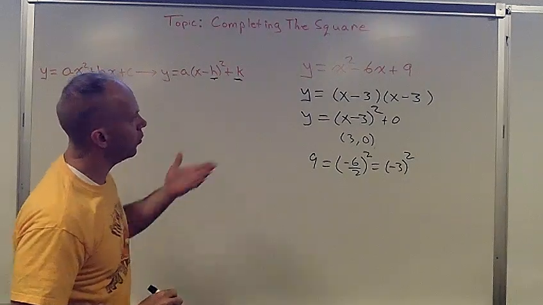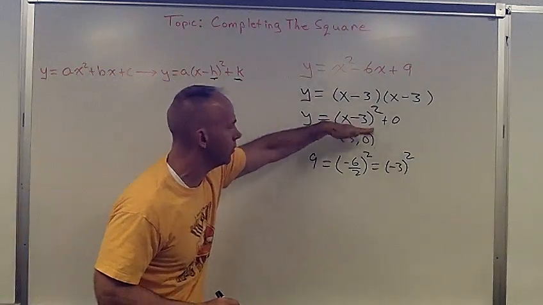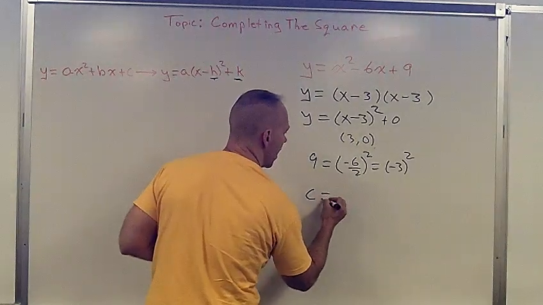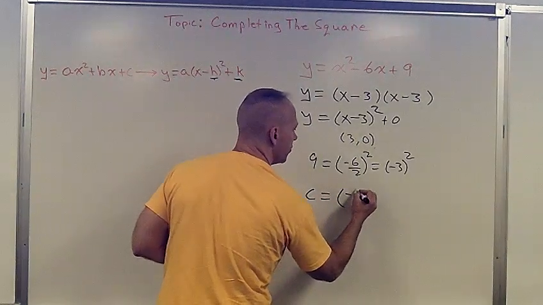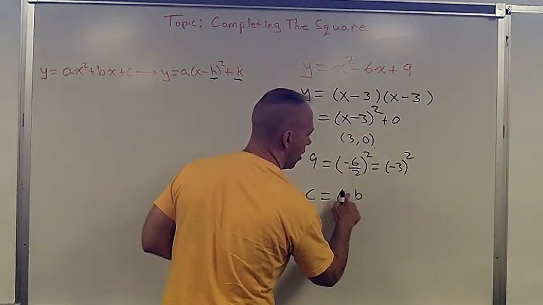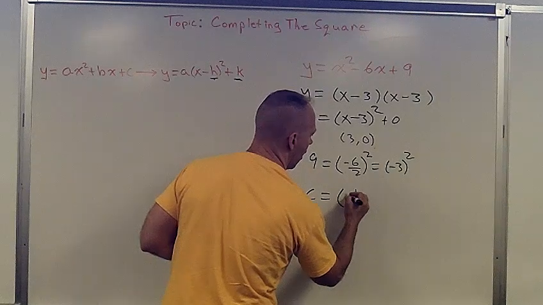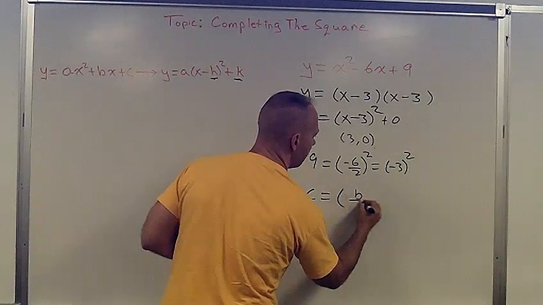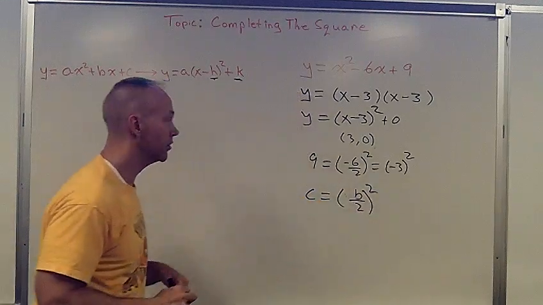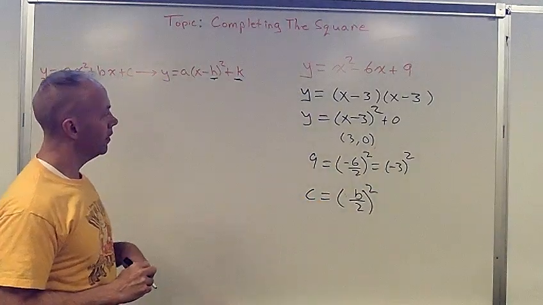So for a trinomial to factor into a binomial square, c has to be equal to 1/2 of b, squared, excuse me.